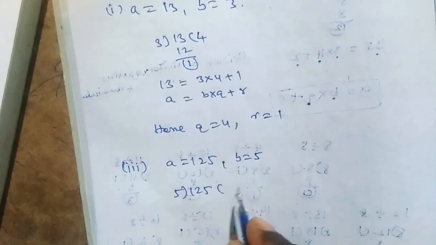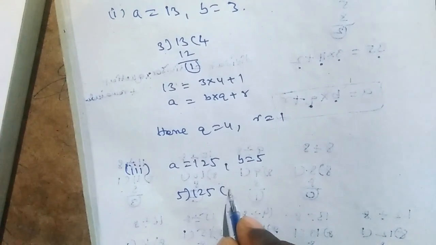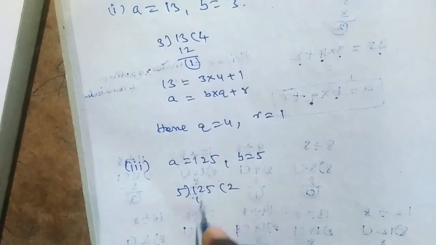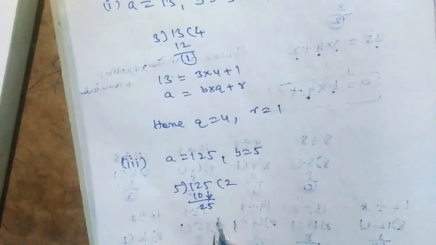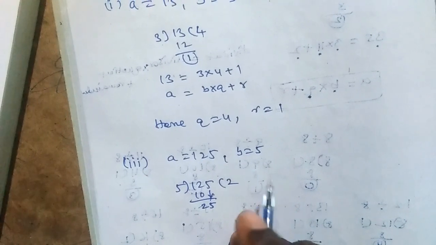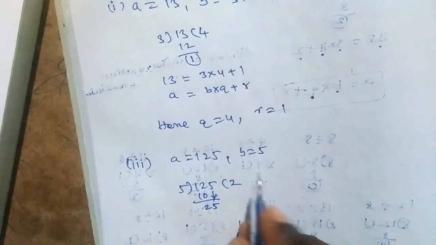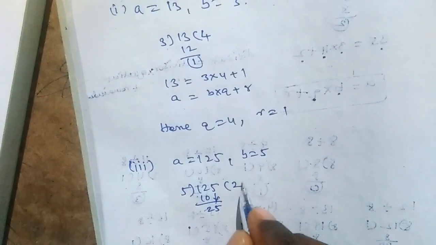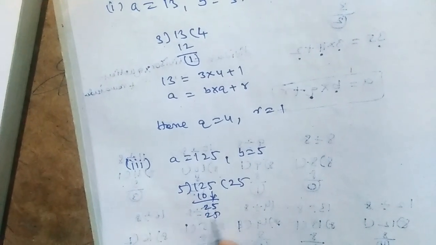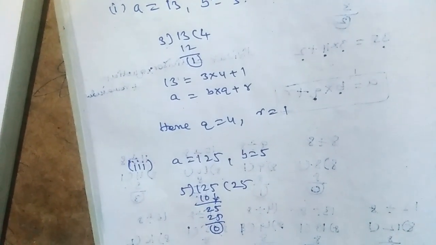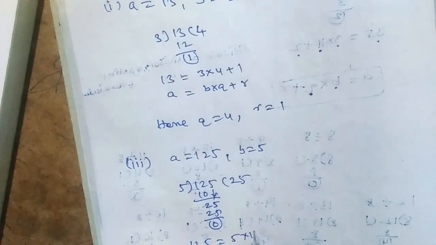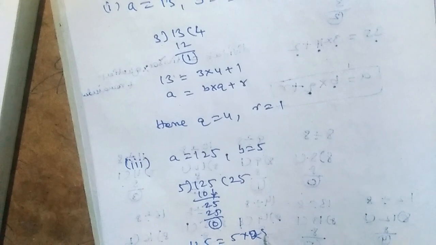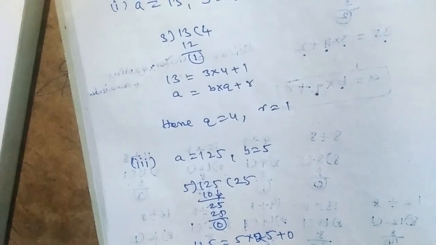How many times does it come? 5 twos are 10, 2 leaves, and 5 comes down, and 5 fives are 25. So we express 125 as 5 into 25 plus remainder 0.